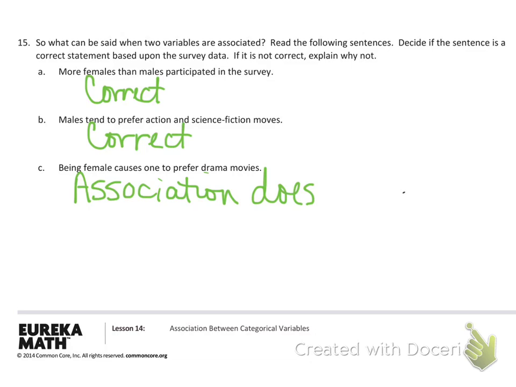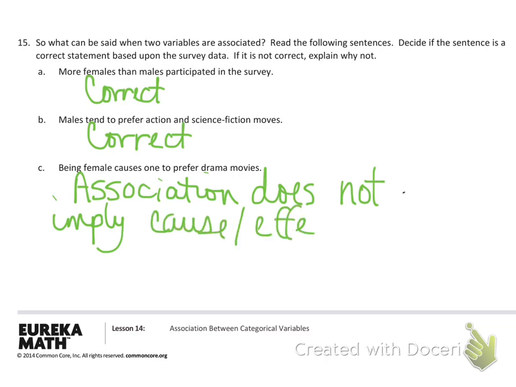So just because they're associated doesn't mean one causes the other. Does not imply a cause and effect. Okay, so you have to be really careful about that.